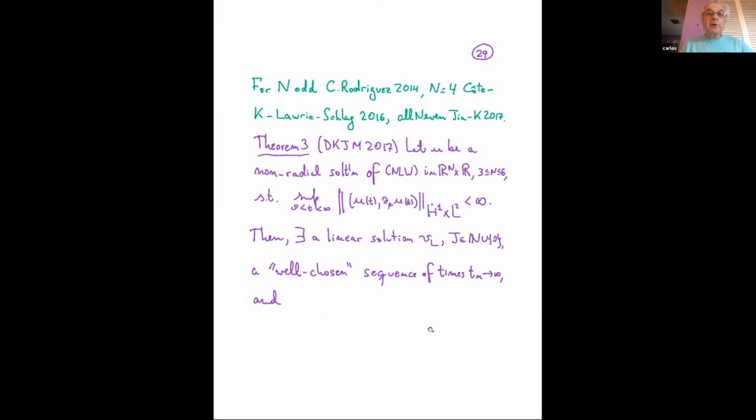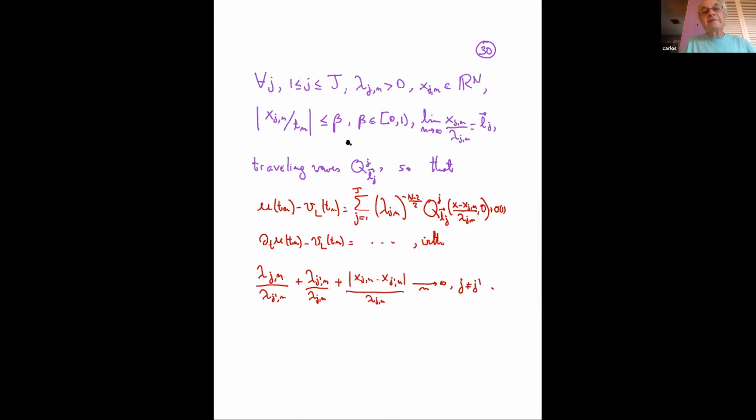So then the third theorem: we have scaling parameters, we have centers which remain within the light cone, we have Lorentz parameters, and we obtain the Soliton resolution with the traveling waves, which are solutions to the nonlinear wave equation.